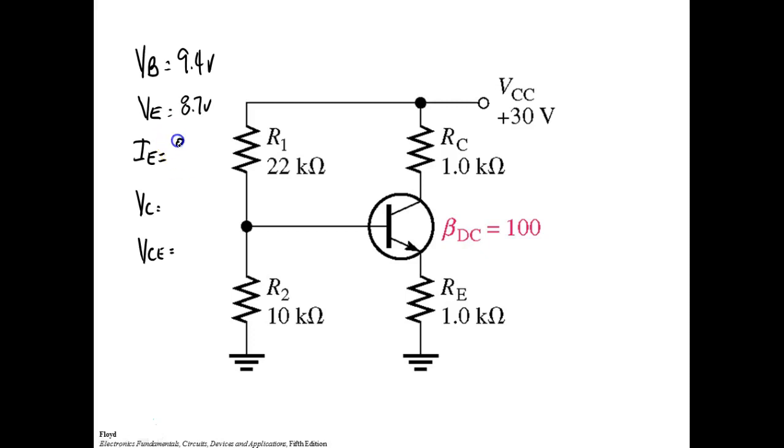Yeah, 8.7. What I like about 1K is that it's 1 milliamp per volt. So what we have for VC?